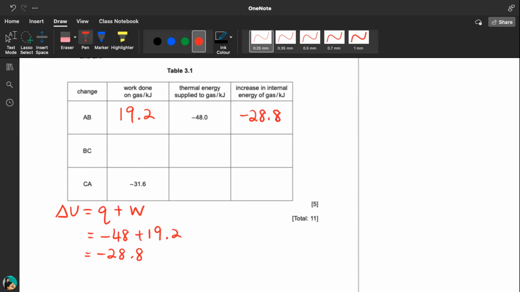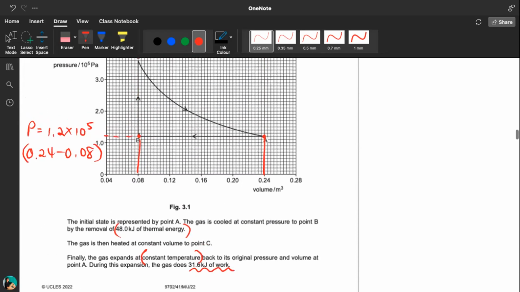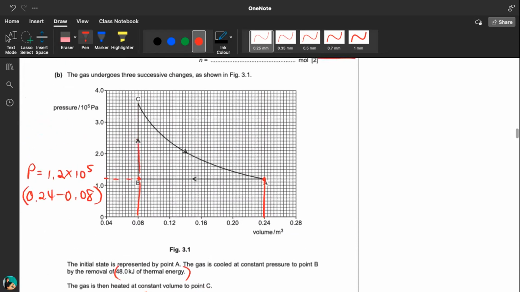Now, for BC, work done on the gas. From B to C, here you go up at the same volume, 0.08. So if it's constant, there's no change in volume, there's no distance traveled, there will be zero work done.